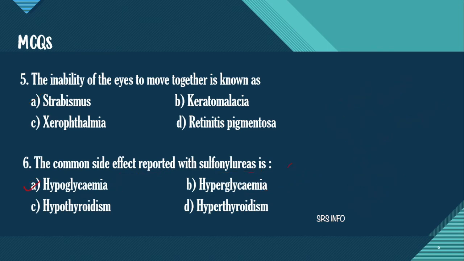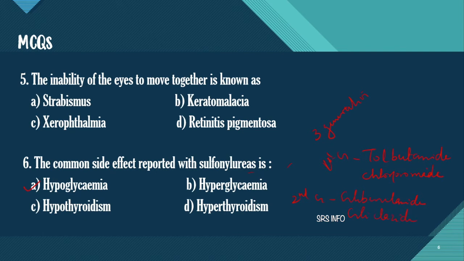Sulfonylureas are divided into three categories, three generations. The first generation examples are tolbutamide, chlorpropamide, etc. Then the second generation sulfonylureas. The examples are glibenclamide, glipizide.